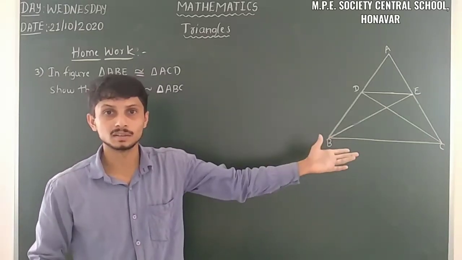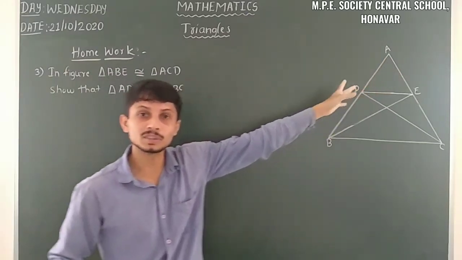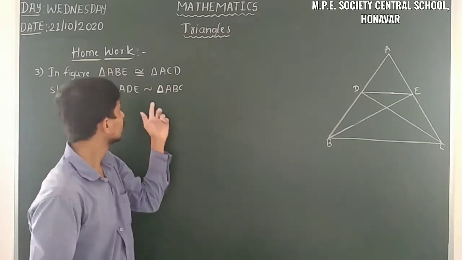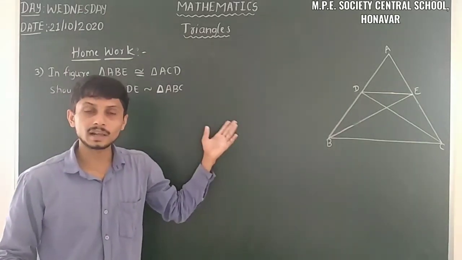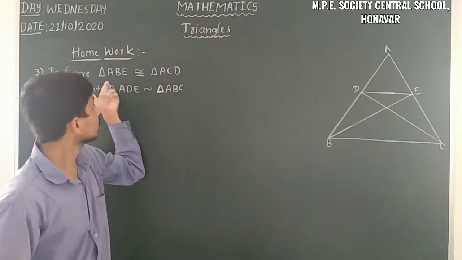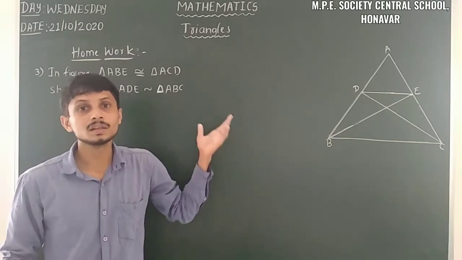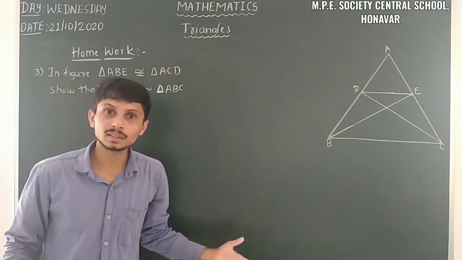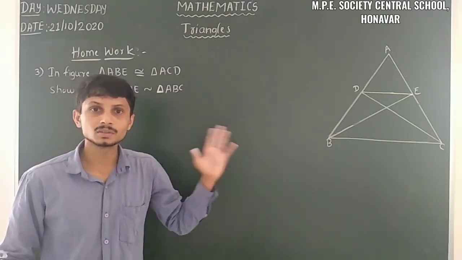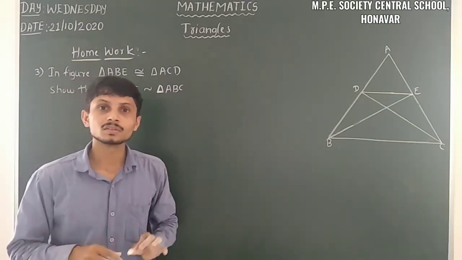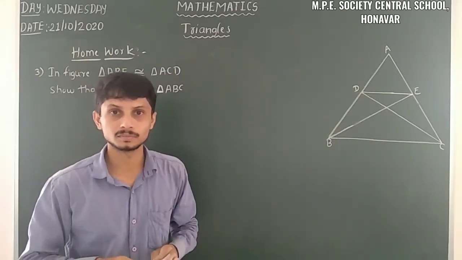Just observe that angle A is common for both the triangles ADE and ABC. And also, from the congruent part, what other equalities are possible when we take the ratios of those corresponding sides. So we have the ratios of corresponding sides proportional.